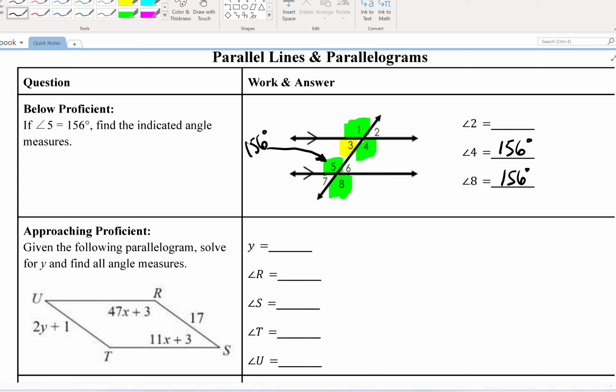That means the measure of angle 3 plus the measure of angle 5, which is 156 degrees, is equal to 180 degrees. And then I can just subtract 156 degrees from both sides.